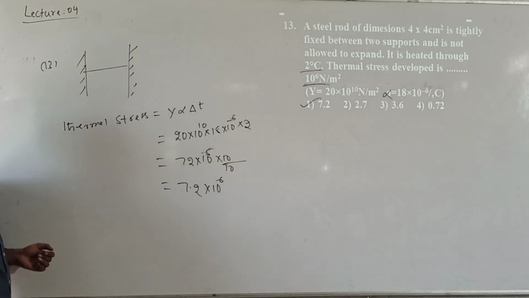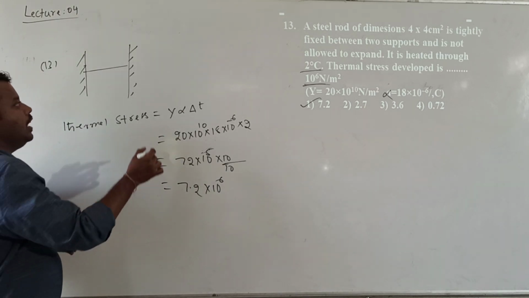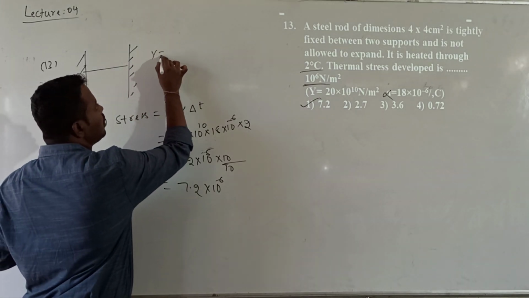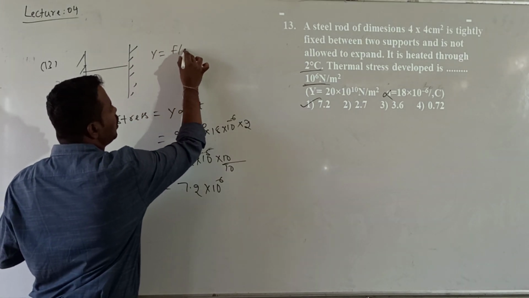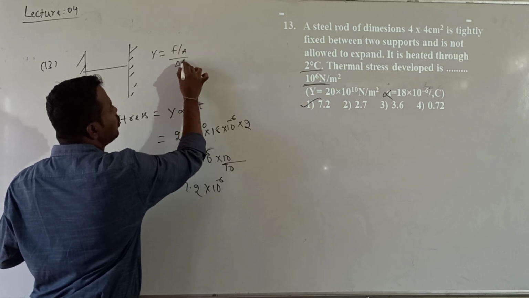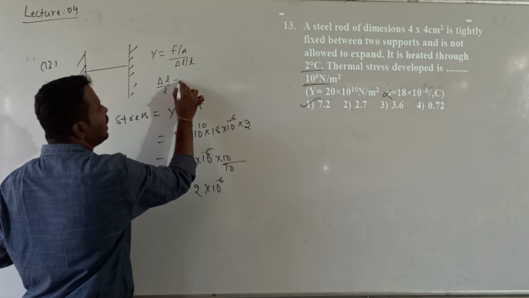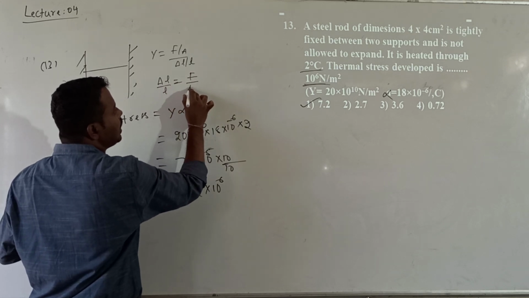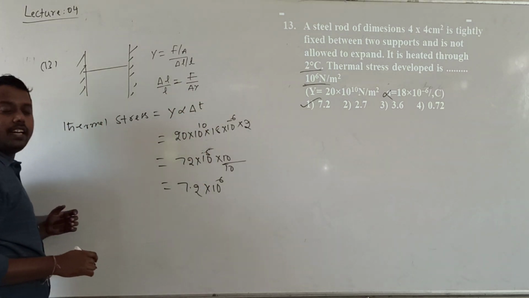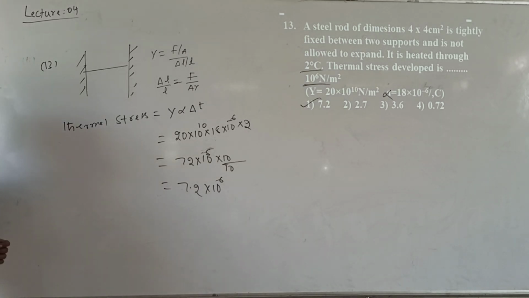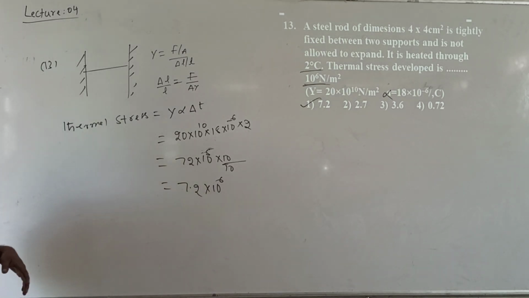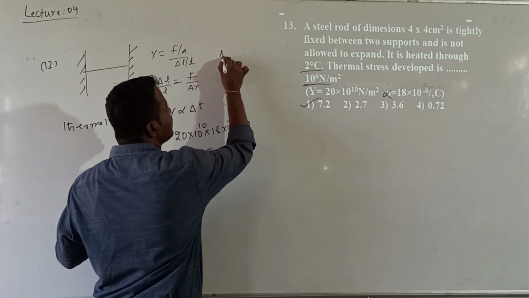Question clear? Thermal stress developed: here Young's modulus Y is equal to F by A, longitudinal stress, divided by longitudinal strain, delta L by L. From this we calculate delta L by L is equal to F divided by A into Y. So delta L by L is the length prevented by the rigid support. How much length increases due to temperature?